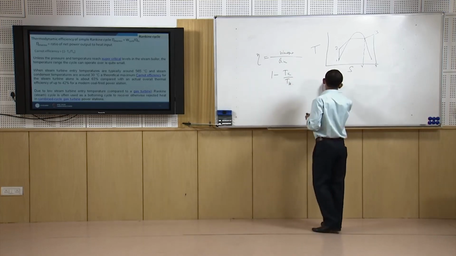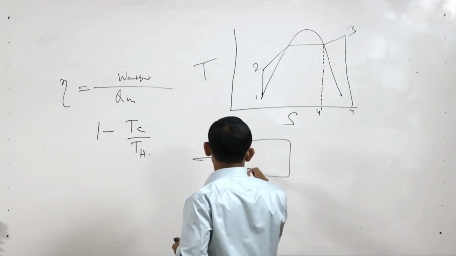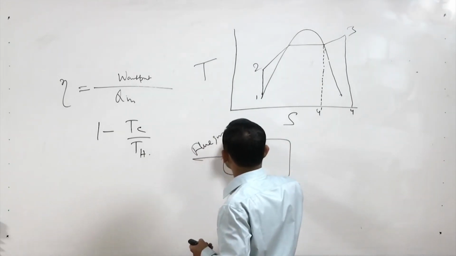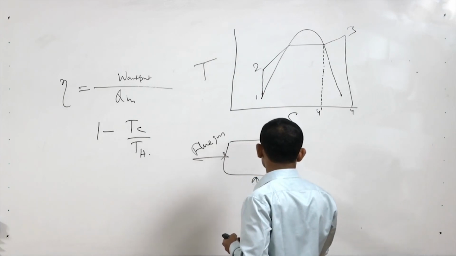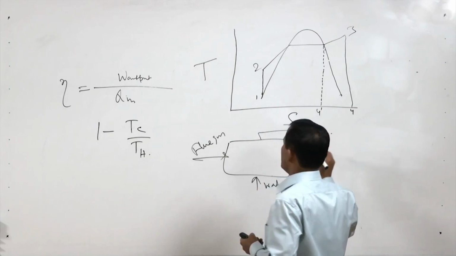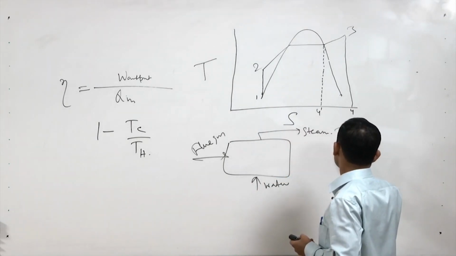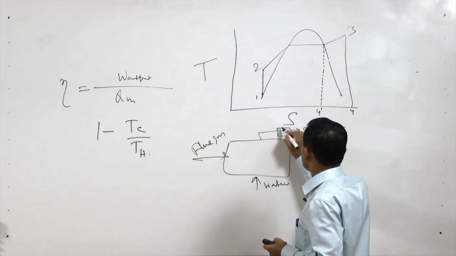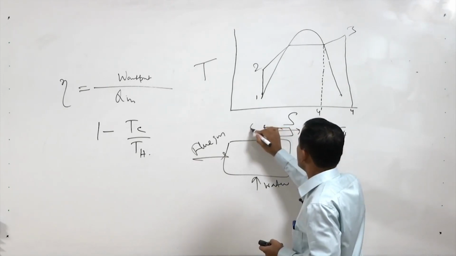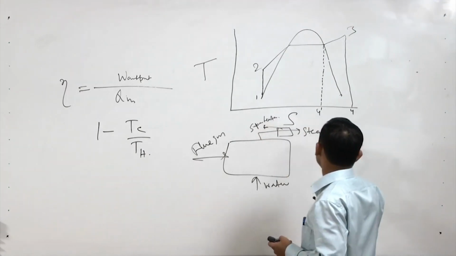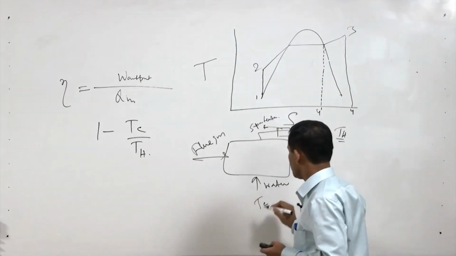Obviously, if we have one boiler, we are using the flue gas here, we are using water and we are getting steam. So, the high temperature of the steam is Th; we may use some heater also, that is a superheater. So, we are getting Th and this is our Tc.